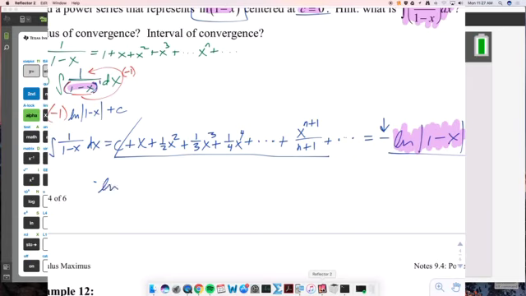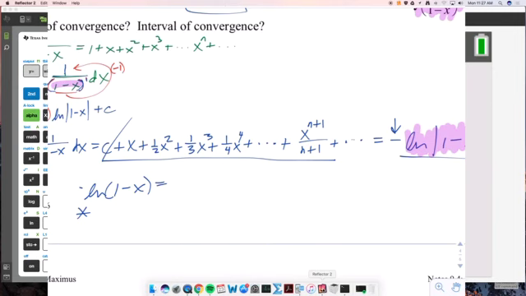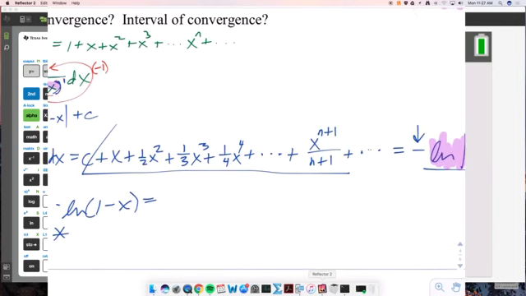So here we go. The natural log of 1 minus x, and I'm going to drop the absolute values here because when I come back for the interval of convergence, we'll see if there's a value that actually makes it negative. It's going to be the negative of all that. So negative x minus, I'll put the x's in the top. We typically do that just to clean it up.